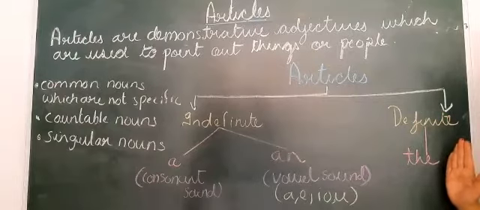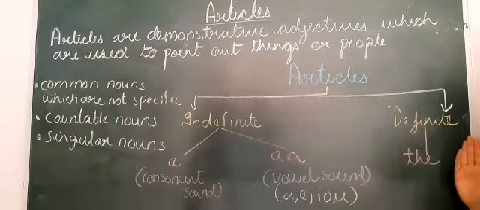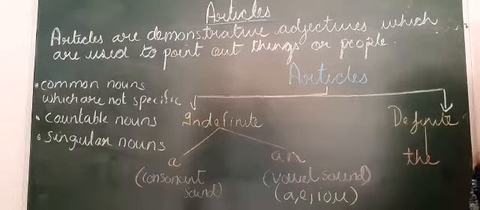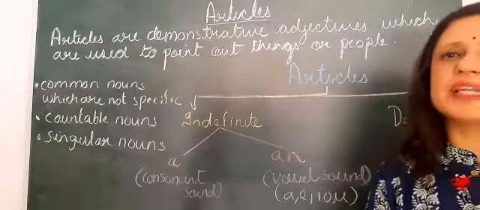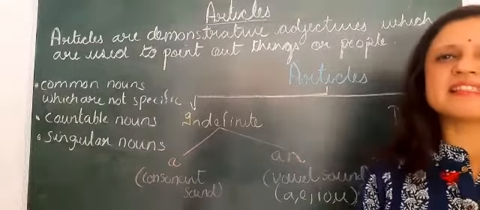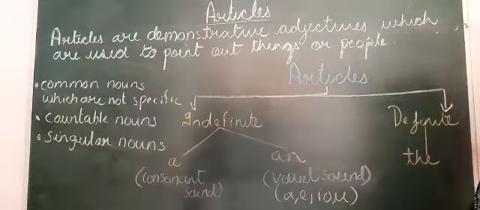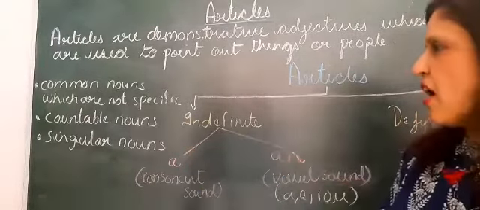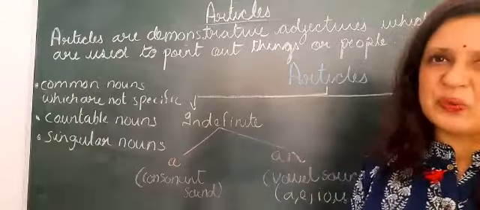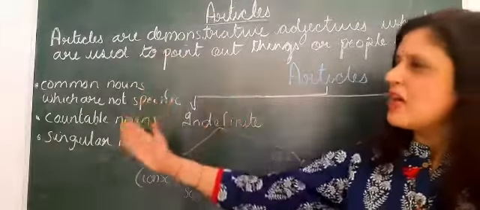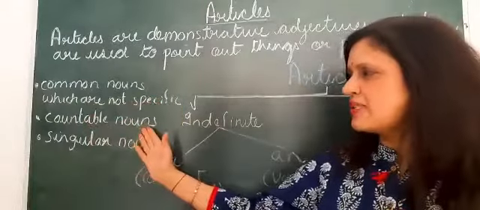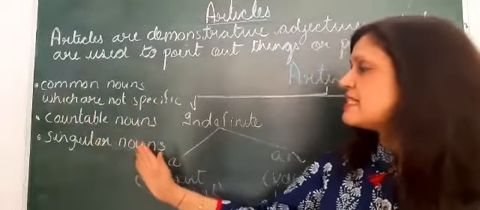That is, the is used with specific nouns or when we need to specify a noun, like the man with a stick. So we have specified only that man who has a stick, who's carrying a stick. Whereas a and an are indefinite articles and they are used with common nouns which are not specific, countable singular nouns.